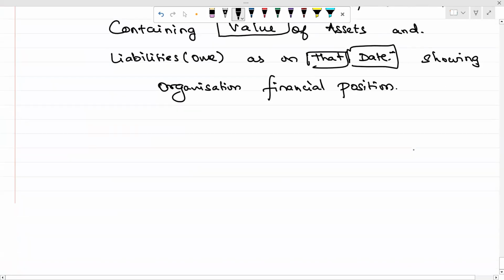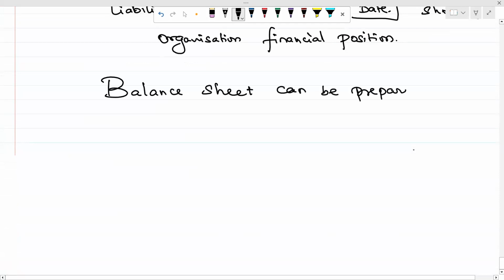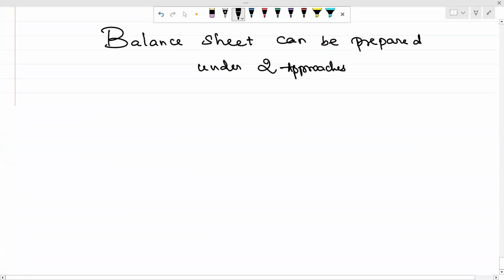Next, here the important point comes into the picture. The balance sheet can be prepared under two approaches. They have already tested an MCQ on this part.